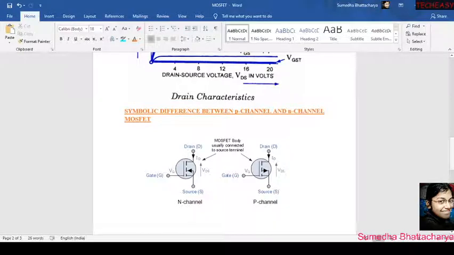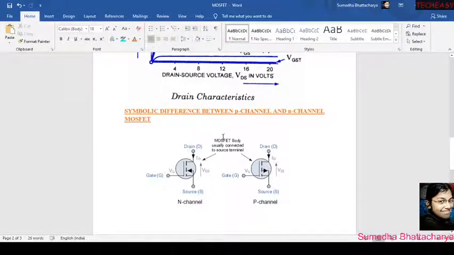the symbolic difference between P channel and N channel MOSFET. What is the symbolic difference between P channel and N channel MOSFET? You can see here that is the gate terminal, that is the source terminal, and that is the drain terminal. Okay, in case of N channel, the arrow is inwards to the gate, and in case of P channel, the arrow is outwards to the gate.